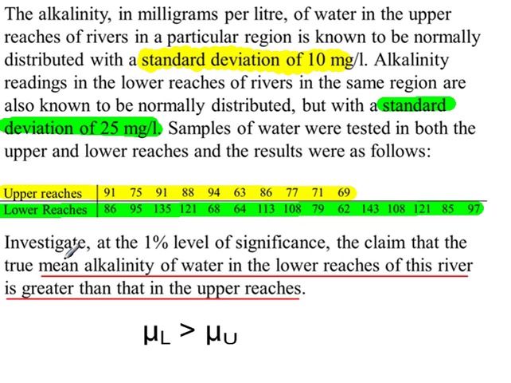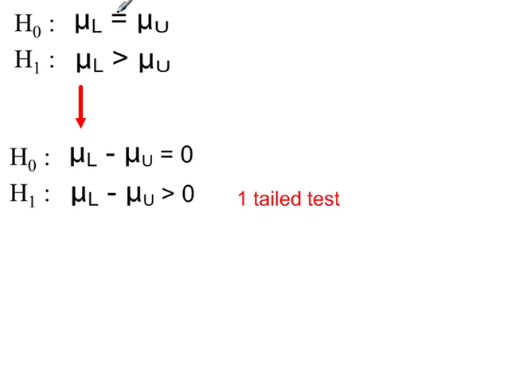And we're testing that the mean alkalinity of water in the lower reaches of this river is greater than in the upper reaches. So L is for lower, U is for upper, and it's saying that lower is greater than upper. So we have H0 and H1, which again is more useful in this form.